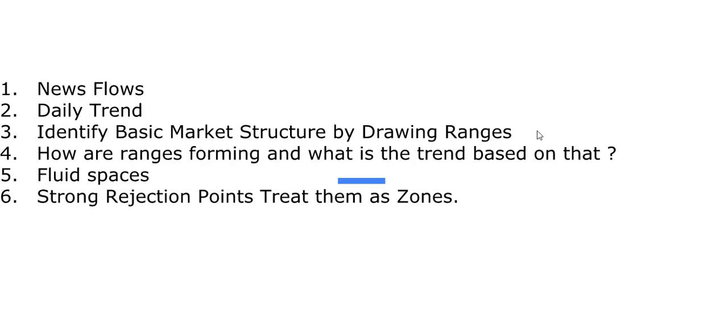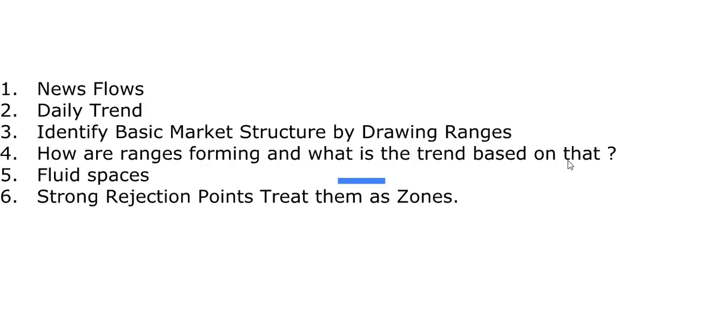Then we identify the basic market structure by drawing ranges, and how the ranges are forming, and what the trend is based on that. So it's an uptrend or a downtrend or a consolidation. How the ranges are forming is also important, and if a new range is forming, which part of the previous range is it overlapping with?